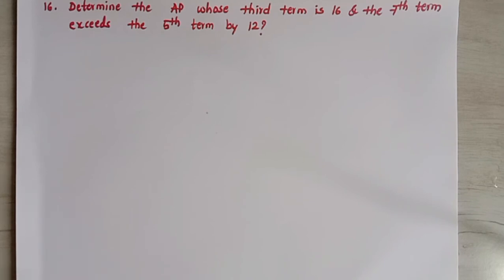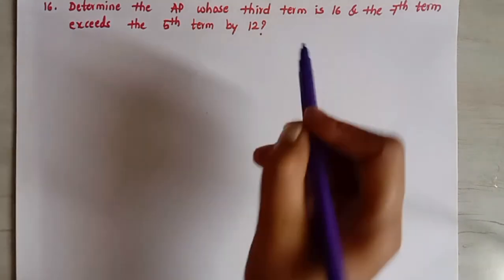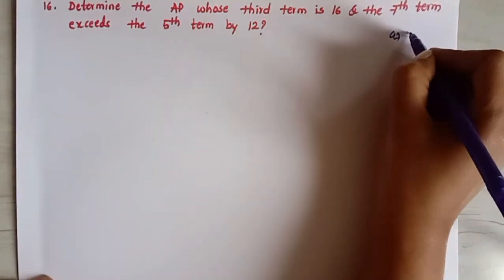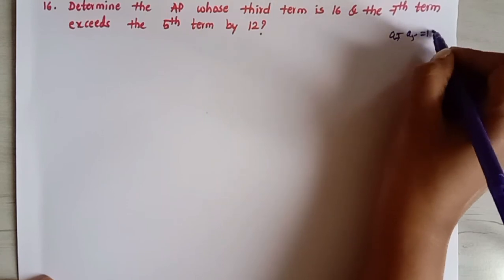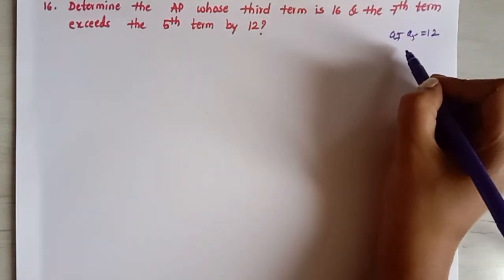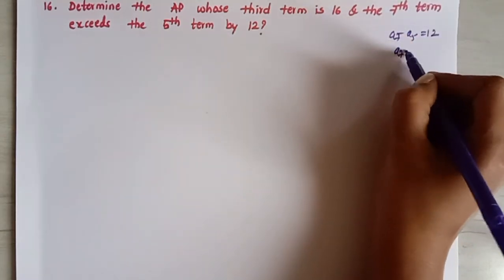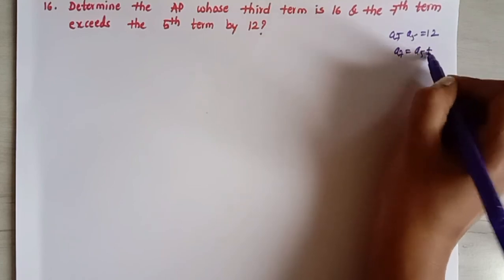In this, the third term is 16, given that A3 is 16, and the seventh term, that is A7, exceeds the fifth term, that is A5, by 12. A7 exceeds A5 by 12 means the difference between A7 and A5 is 12, or we can take that A7 is equal to A5 plus 12.